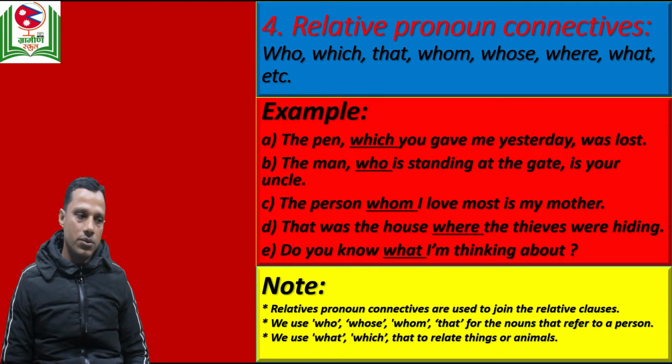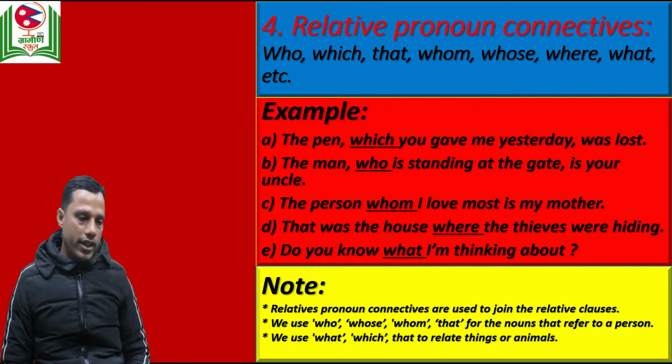We use the words like who, which, that, whom, whose, where, what, etc. under the connectives of relative pronouns, right? Okay, first of all we'll see some examples and then we'll discuss more.